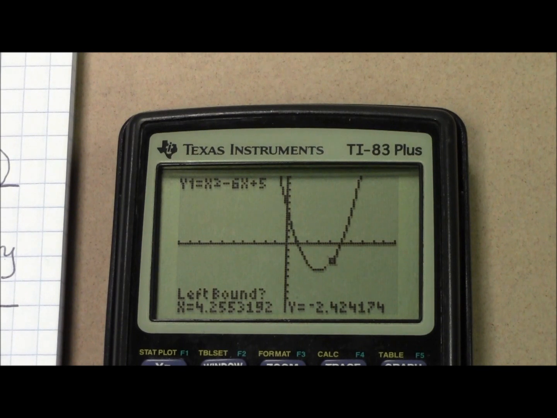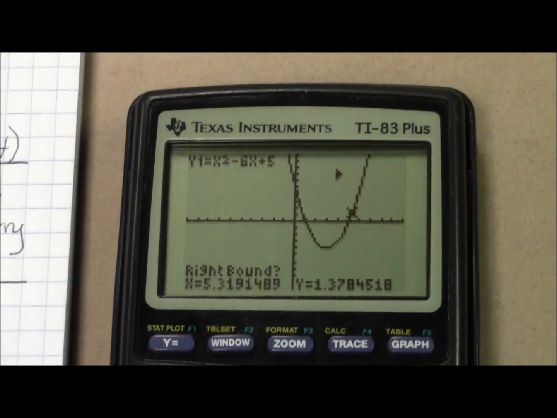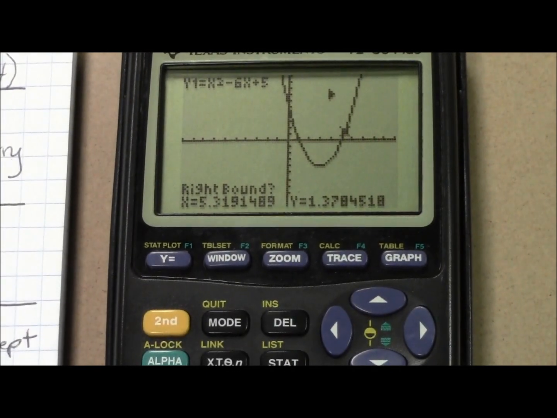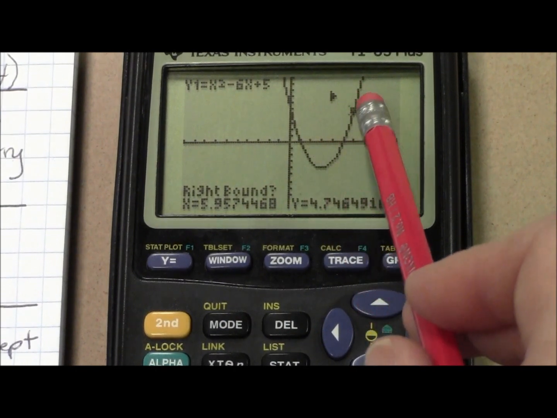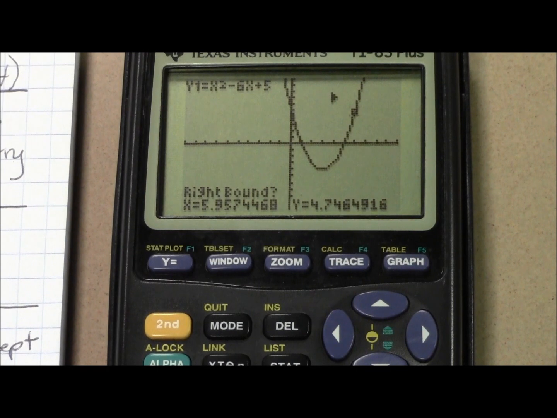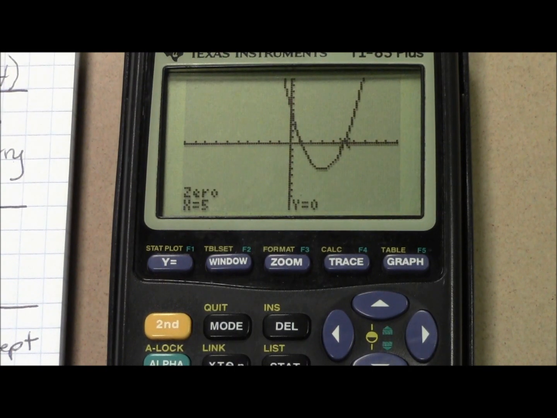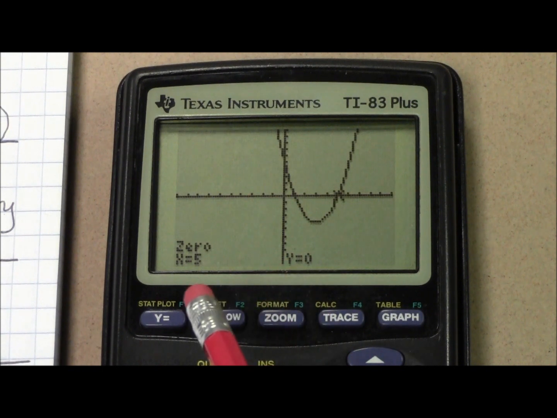So we need to hit enter for our left bound, then move the cursor to the right using the arrow keys so that it goes above the x-axis, past the root to the right bound. Hit enter once again. It will make a guess. We hit enter once again, and then it gives us our value. And as you can see, the value is 5, 0, so our second root is 5.